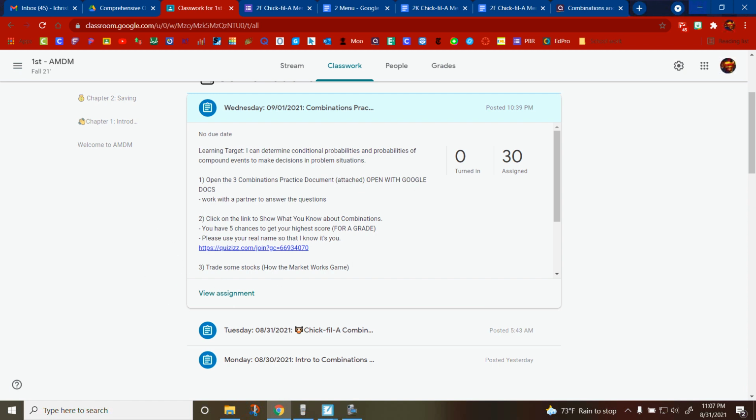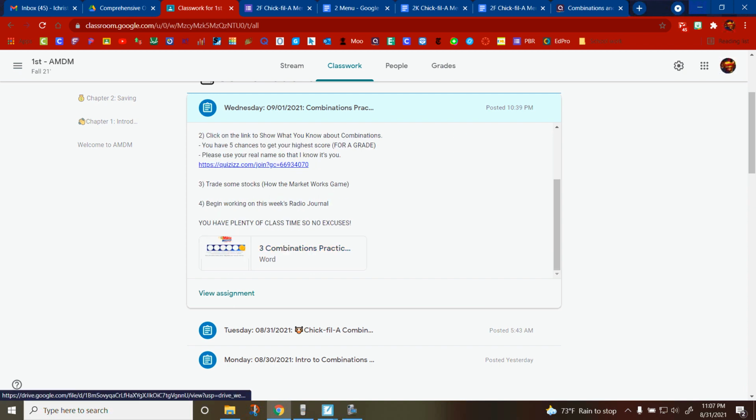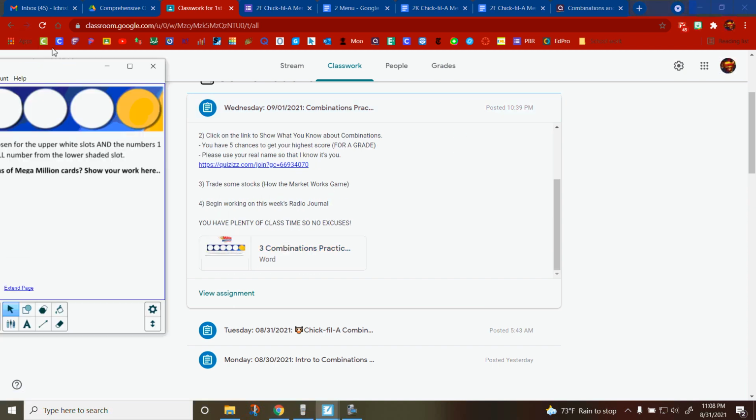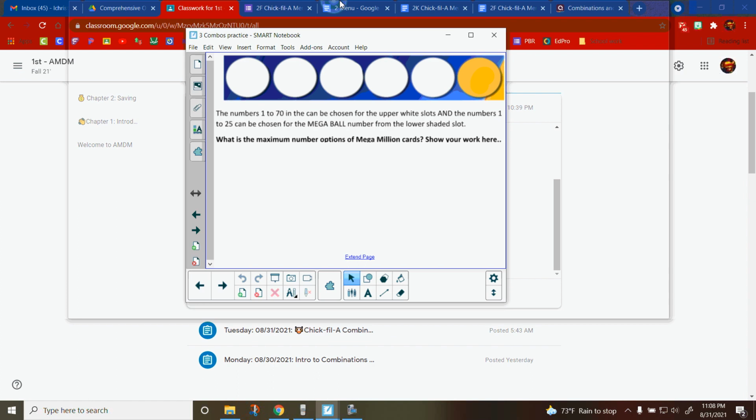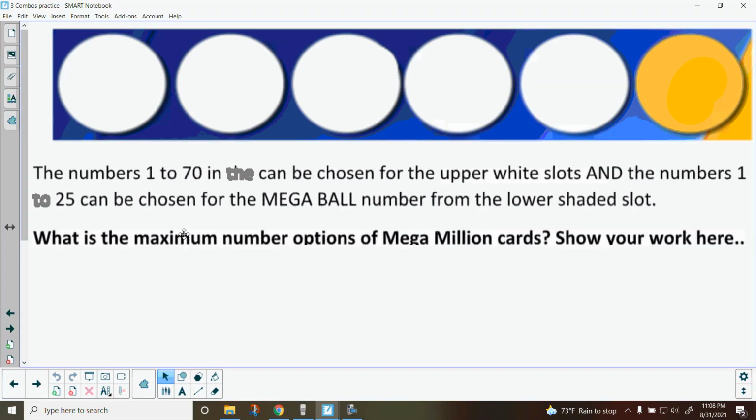And it's the lotto question. Okay? So, in fact, I'm going to just draw right over these spaces. Might make life just a little easier. The numbers 1 through 70 can be chosen for the upper white slots, and the numbers 1 through 25 can be chosen for the mega ball number from the lower shaded slot.